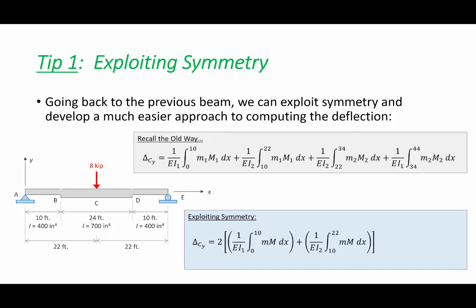And by the way, by doing that, I'm using these simpler functions. So the integrals that I'm carrying out are really easy. Just integrate this from 0 to 10, integrate it again from 10 to 22, multiply it by a different 1 over EI. Okay? Does that make sense?